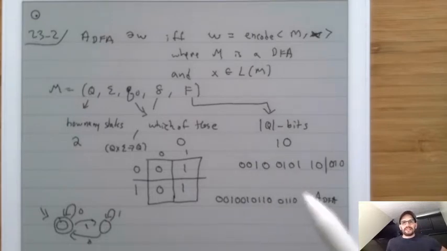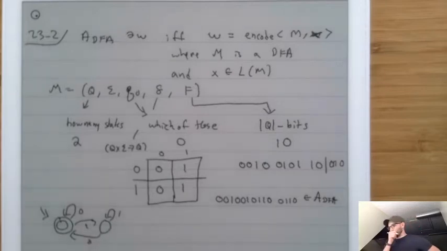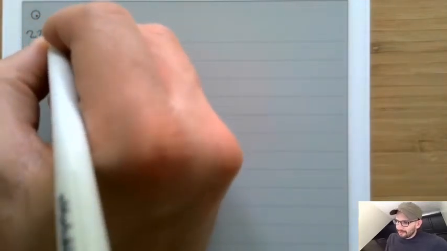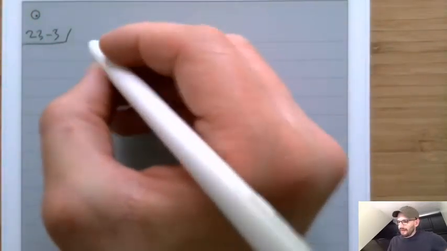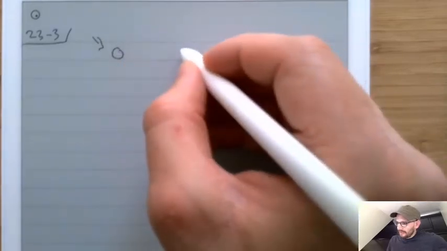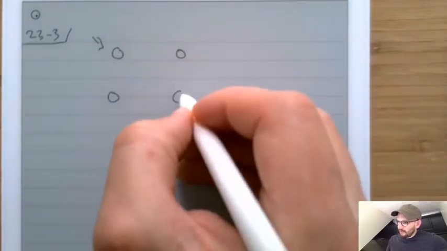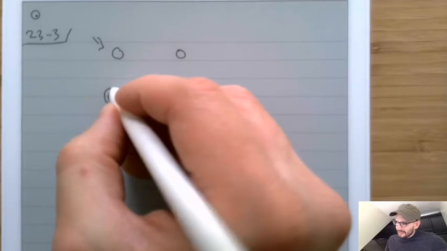Now we can do this for any DFA. Like we could make a more complicated one. Do I want to bother writing a more complicated one? All right, I'll just do one more example, and I'm just going to do a random thing. So we'll have 4 states. Here are the 4 states. And we'll say that this is the start state.